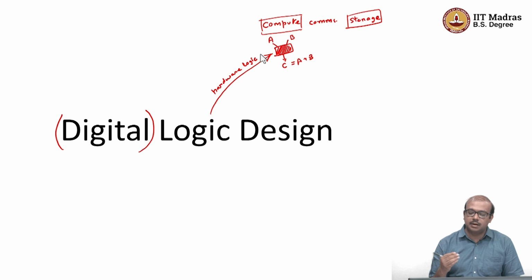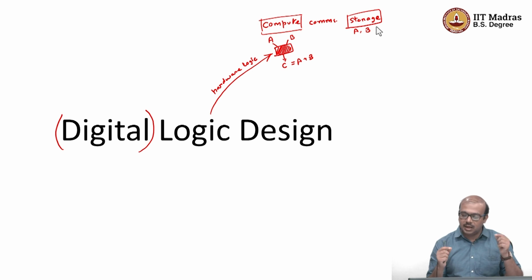Note that a and b are represented as digital information which is stored digitally in the storage units. For example, let's say a and b are actually stored there. So it is going to fetch those, maybe using the communication unit, and the logic part is going to take a and b and see how the individual bits of a and b can be manipulated, or what kind of action needs to be taken on those two digitally represented pieces of information to compute c, which is nothing but the sum of a and b.